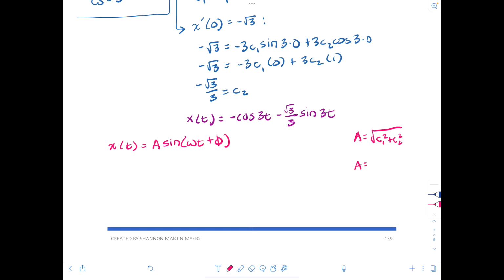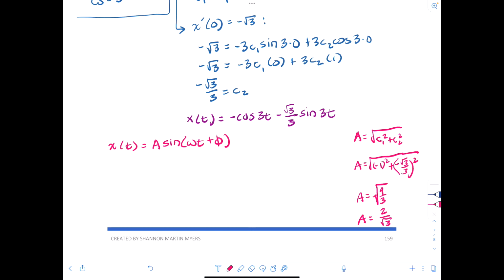So a will be the square root of negative 1 squared plus negative root 3 over 3 squared. So that's going to be, let's see, 1 plus a third, which is 4/3 underneath a radical. And so a will be 2 over root 3. Groovy?